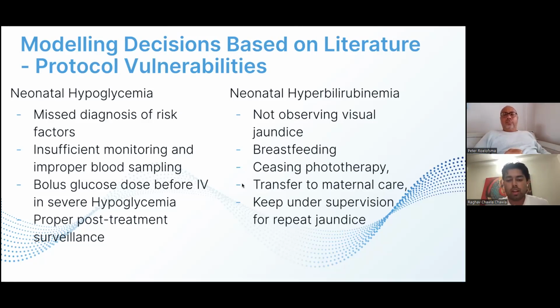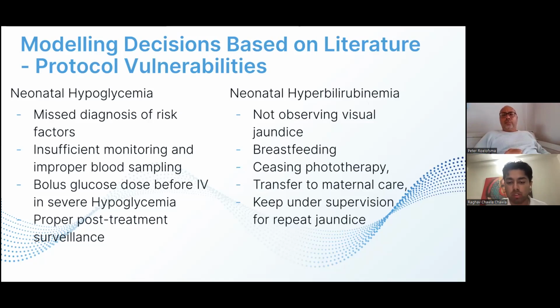We also have vulnerabilities in neonatal hyperbilirubinemia, where we don't observe a visual tint, a yellow tint in the skin, which can be missed, and so the condition can be diagnosed later, which can already cause danger to the infant.